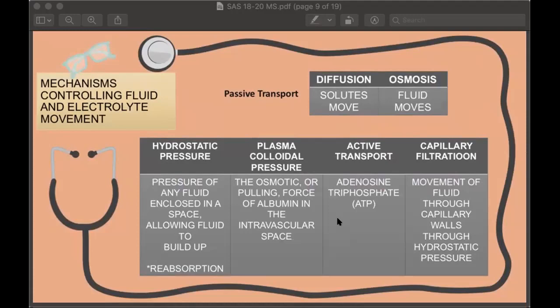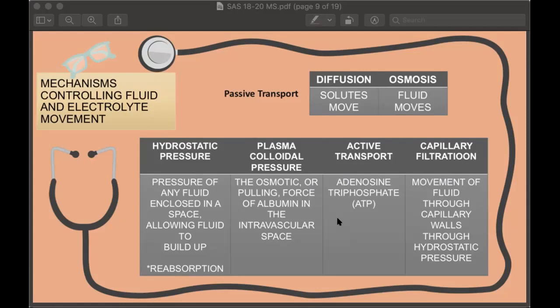So if there's a pressure, it will allow the fluid to build up. However, we can avoid this hydrostatic pressure with reabsorption. It prevents too much fluid from leaving the capillaries, no matter how much the hydrostatic pressure is.